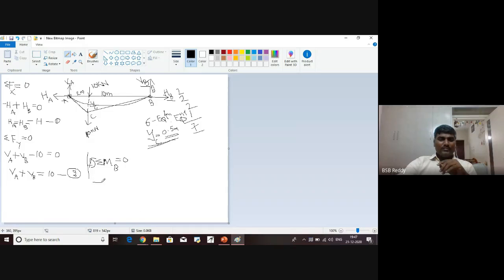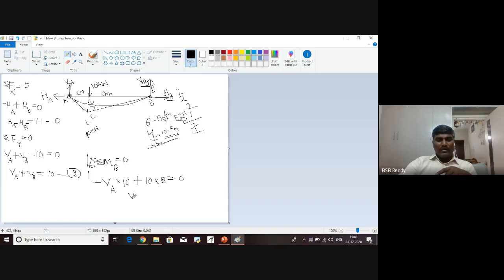So minus VA into total span is 10. That means what? Distance between VA and B. 10 is going to cause anti-clockwise moment. Got it? So anti-clockwise is taken positive. So 10 into distance between 10 kilonewton and B is 8 meters. 10 into 8 minus VA into 10 is equal to 0.